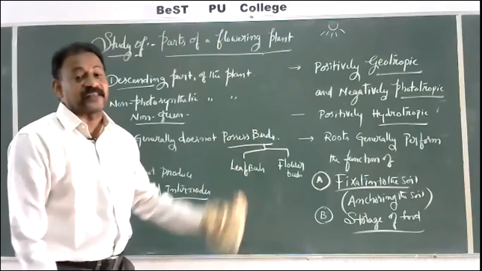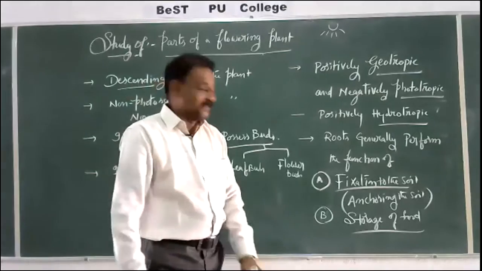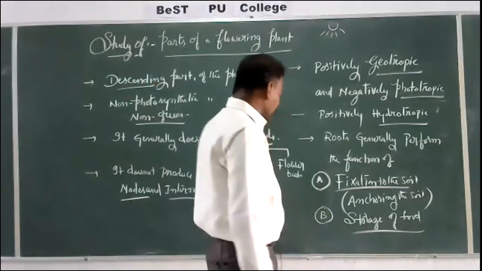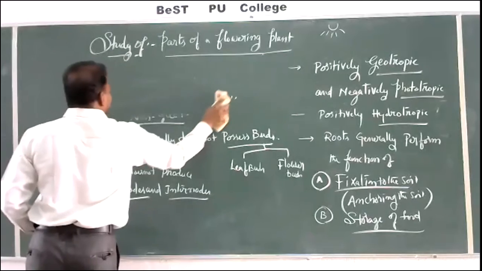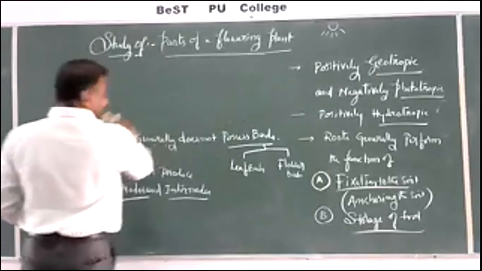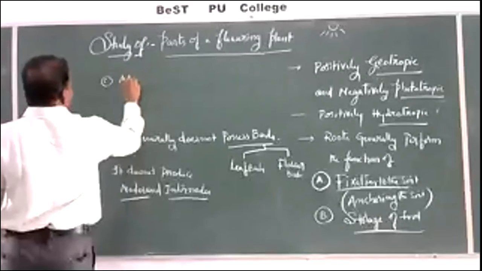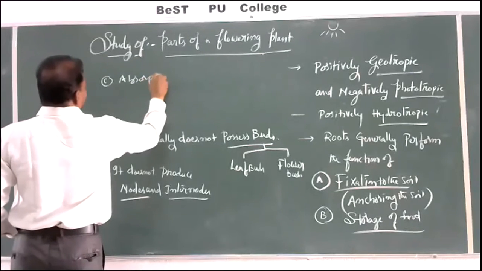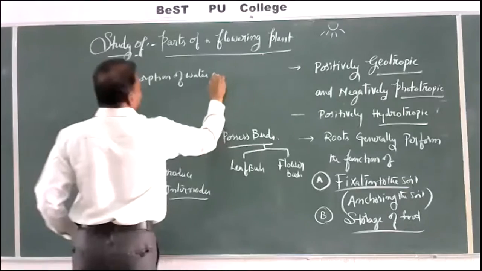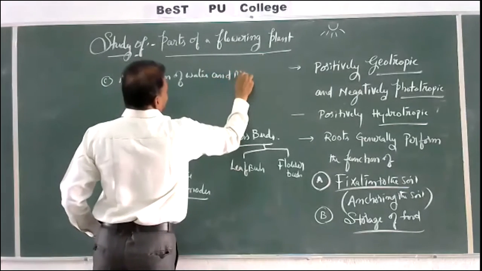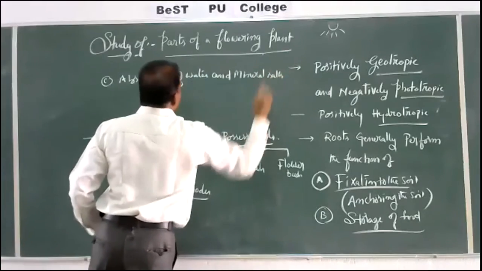Even though the plant is surviving well, the plant will fall off immediately without any doubt, because the root is dead. Third, absorption of water and minerals, mineral salts from the soil.